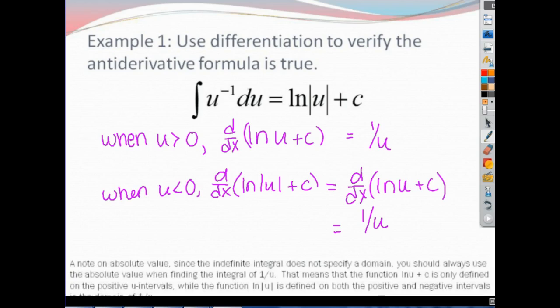That means that the function natural log of u plus c is only defined on the positive u intervals, where the function natural log of absolute value of u is defined on both the positive and negative intervals in that domain. So what's the moral of the story? Pick the absolute values when it comes to the natural log.